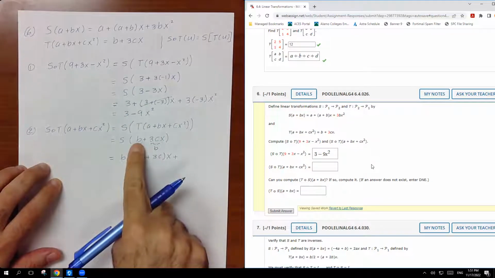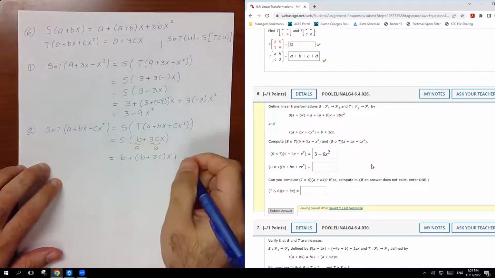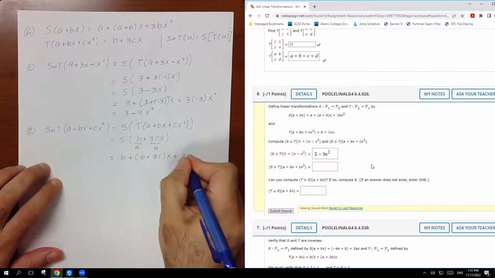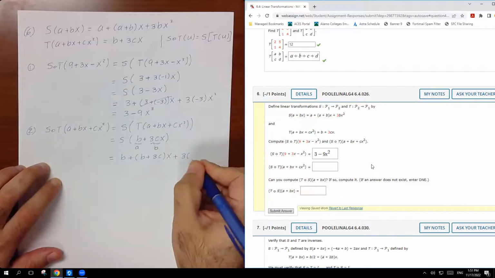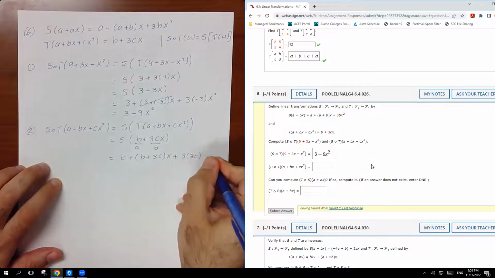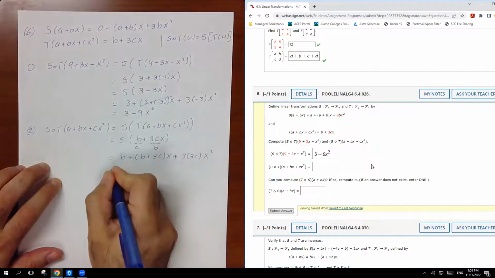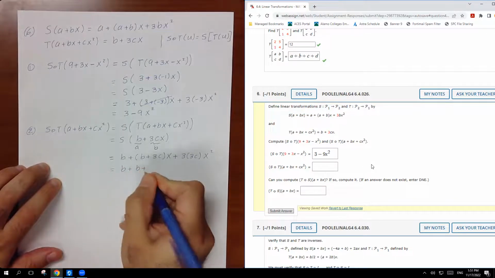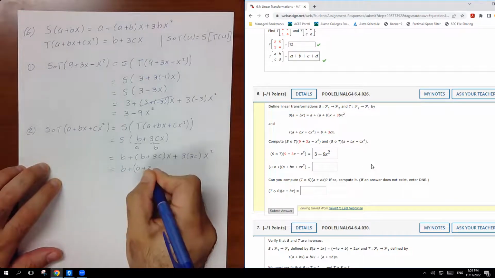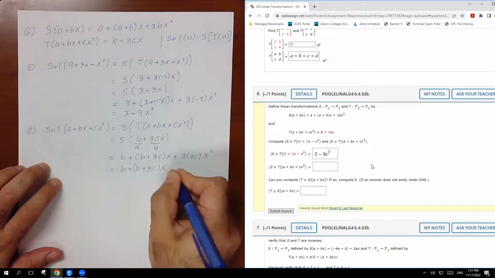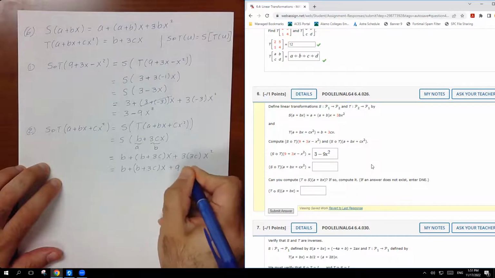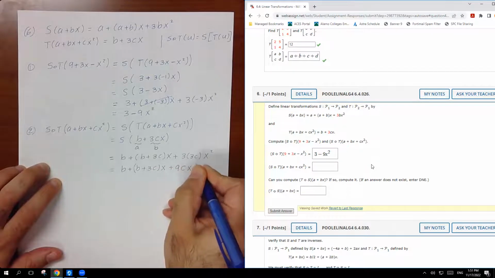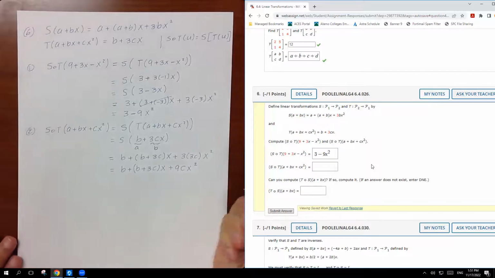Here is the B, this is the B. So it's going to be 3 times 3C X squared. So here's going to be B plus B plus 3C times X plus 9C X squared. That's it for this one.